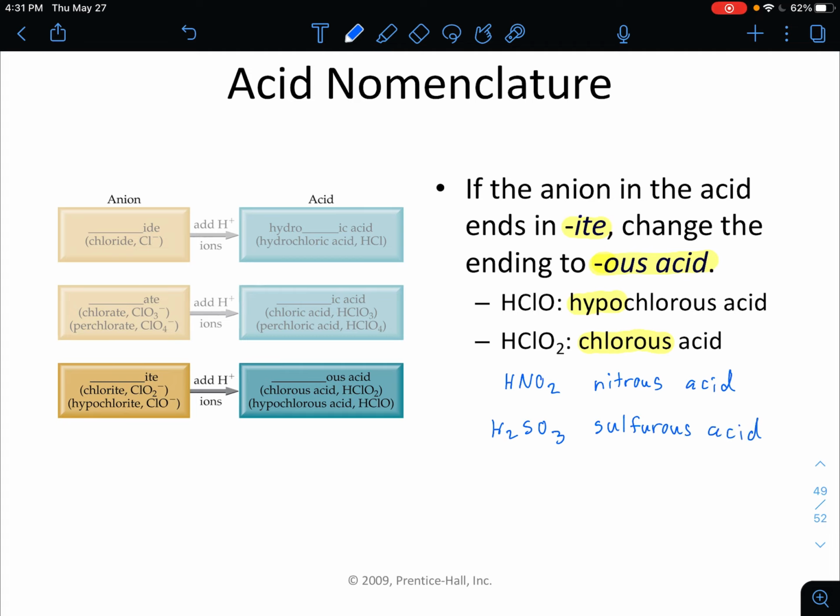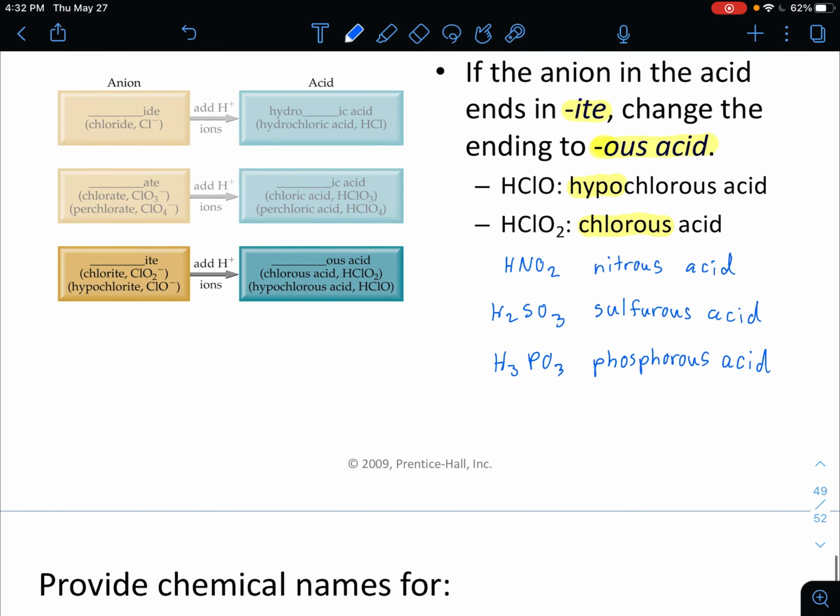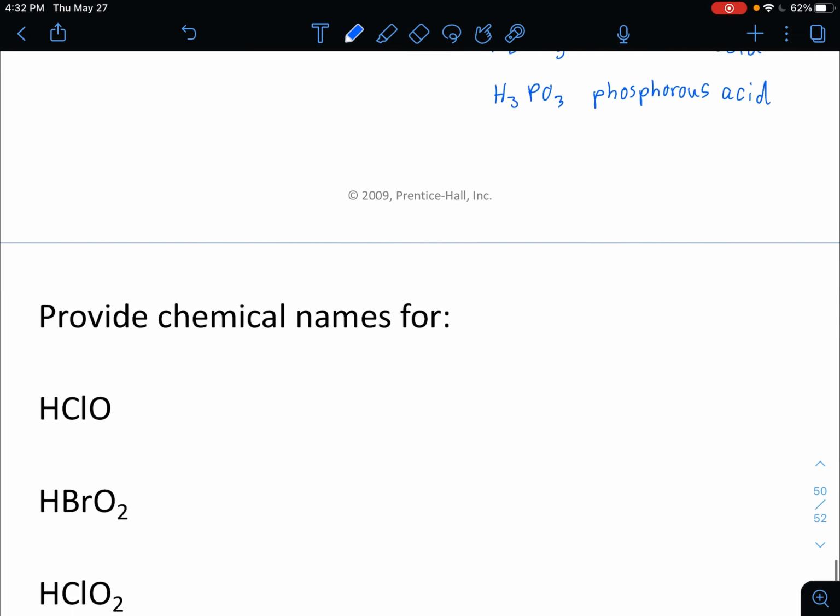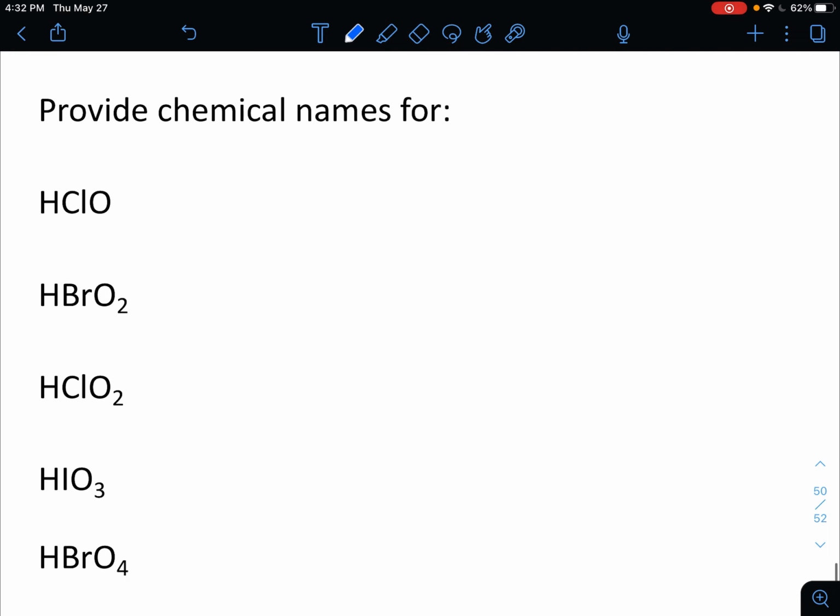And then with phosphate, same thing, right? Rather than PO4, we could have PO3. It's -3, just like phosphate, so I need 3 hydrogens. So this would be phosphorus acid. Okay, so let's do some examples of these. I think that's it for the acid naming practice, and I think there's one rule left after that.